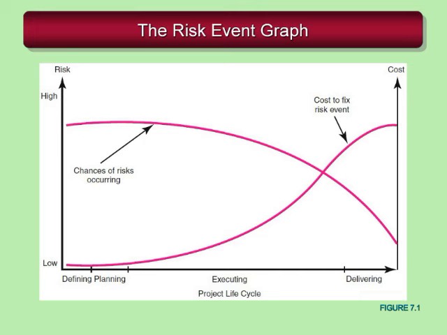In our example of the Tacoma Narrows Bridge, in that particular case, you can see that we were at the end of the project, the project had been delivered, and yet now we're buying a new bridge. So there's a direct correlation there between the chances of the risk occurring and what the impact might be if it does occur.